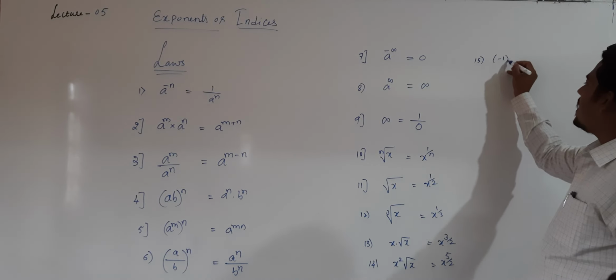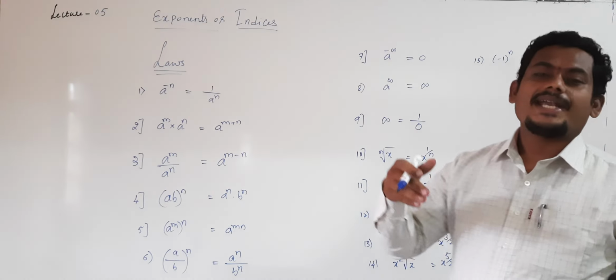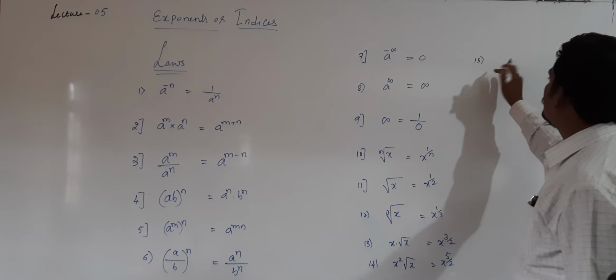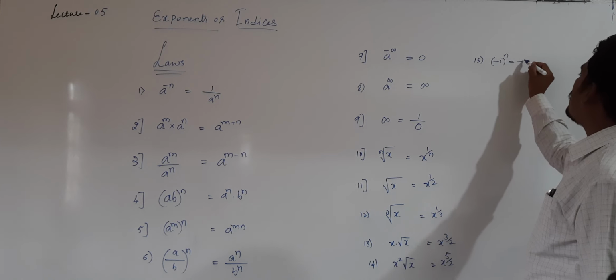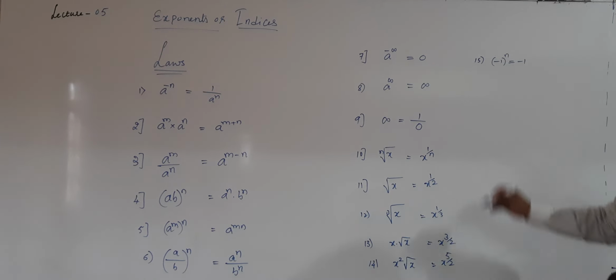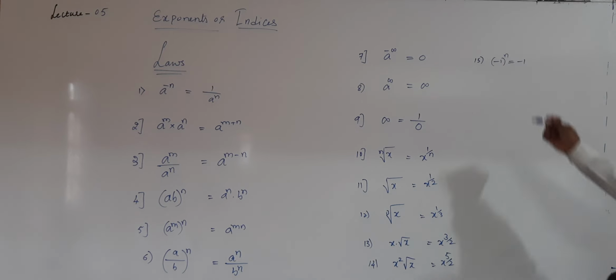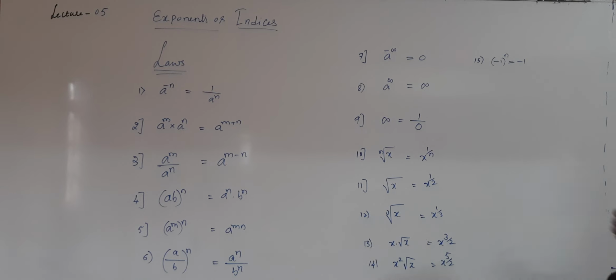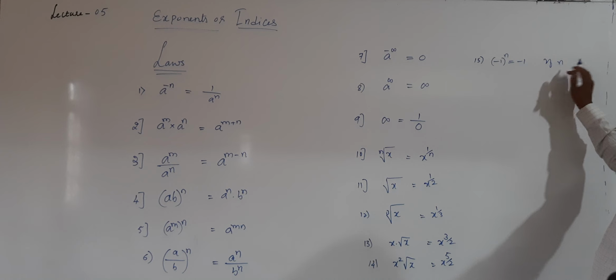Next, minus 1 power n, or any negative number to the power n. Minus 1 power n is equal to minus 1 if n is odd.